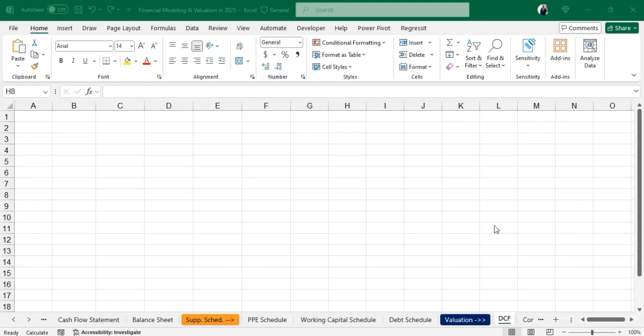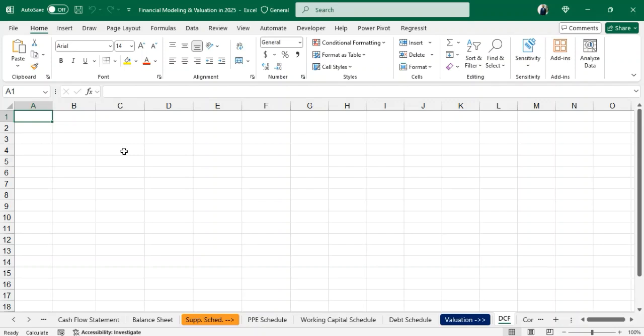In this particular video, we are continuing our discussion on the company valuation methods that we started in the previous video. In my previous video, we looked at a general introduction to company valuation techniques in financial modeling. We explained what enterprise value is. We also looked at what equity value is.